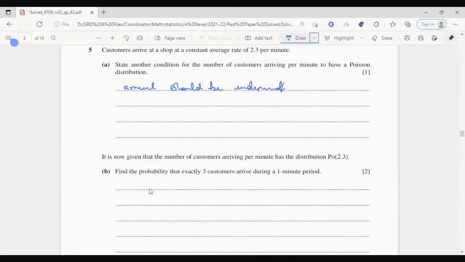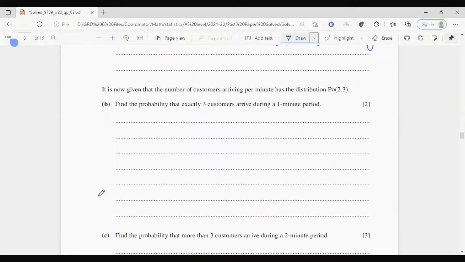That is another condition. Here you can see that they arrive independently, or even you can write singly or randomly. Anything can be written over there.